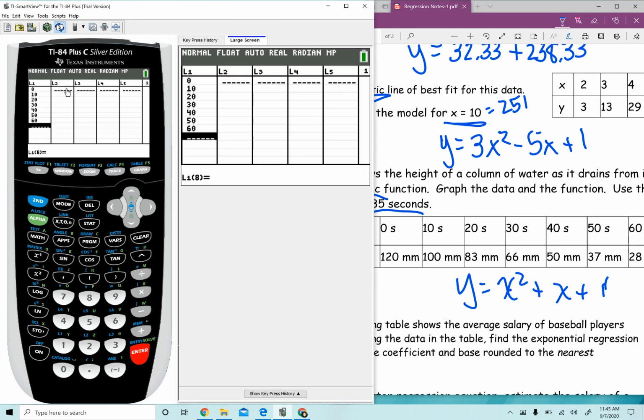I'm punching buttons and nothing is happening. Okay, let's try that again. This is what happens when you have online calculators.